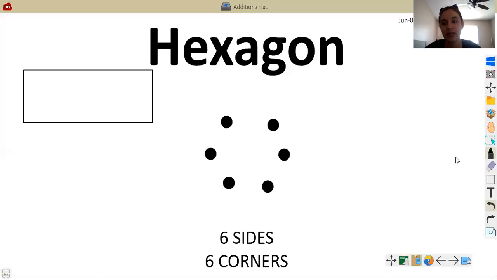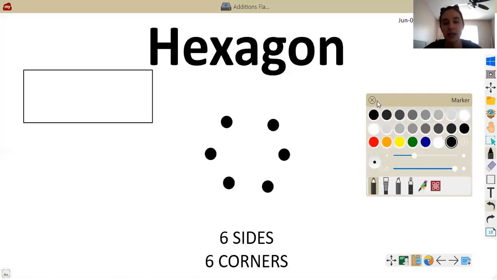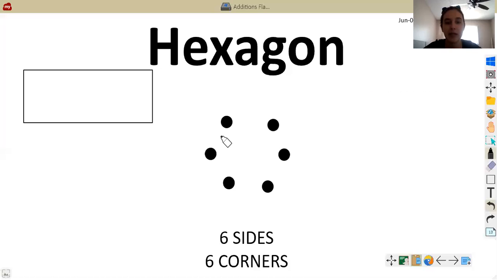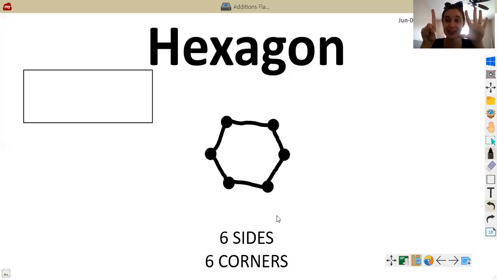So let's go ahead and make this a little bit smaller so we can see it. And I'm going to connect my corners. There is my hexagon. Remember, a hexagon has 6 sides and 6 corners.